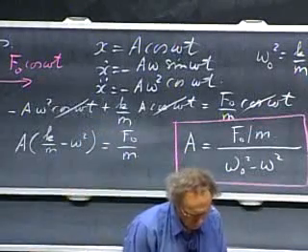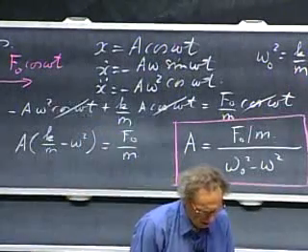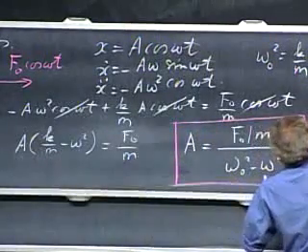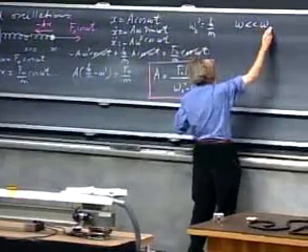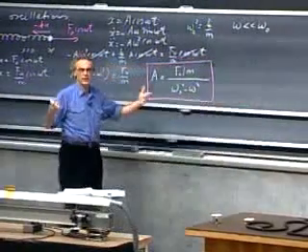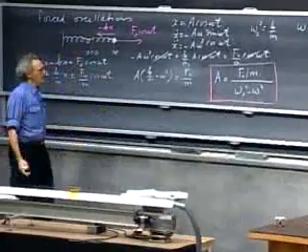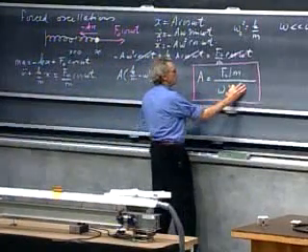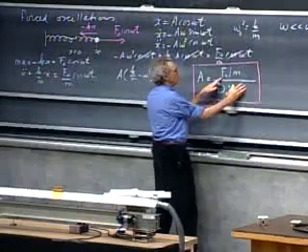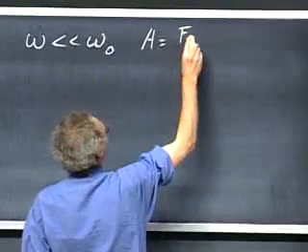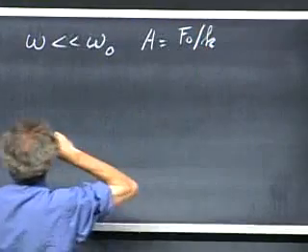First of all, if I drive the system at a very low frequency, so that omega is much, much smaller than omega 0, we call omega 0 often the natural frequency. It is the one that it likes. If you have omega much, much less than omega 0, omega 0 squared is k over m. So you get an amplitude A, which is F0 divided by k.